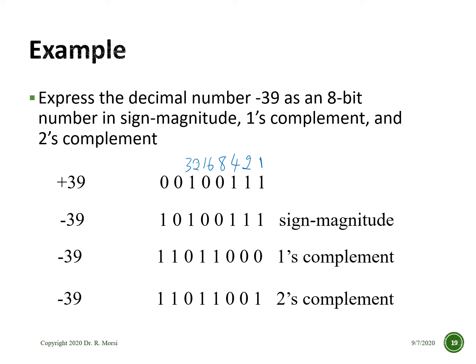So now I've expressed it in 2's complement. Now if I had asked to convert the decimal number or negate the decimal number, then I would take negative 39 and make it all positive.